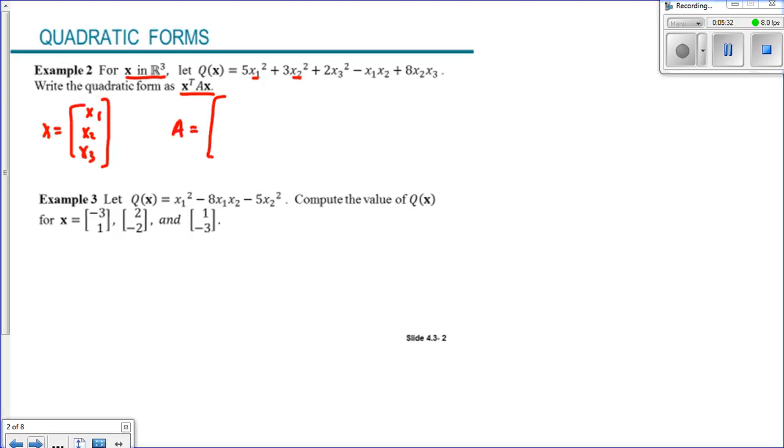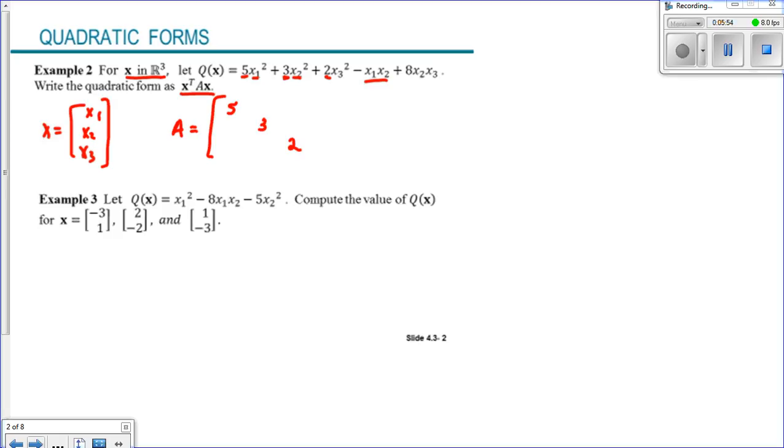just looking at the last example, we noticed that the squared term coefficients were in the main diagonal. So I'm going to have a 5 in the 1,1 position, 3 in the 2,2 position, and 2 in the 3,3 position. Now this x1, x2 cross term is going to come from row 1, column 2, and column 2, row 1.